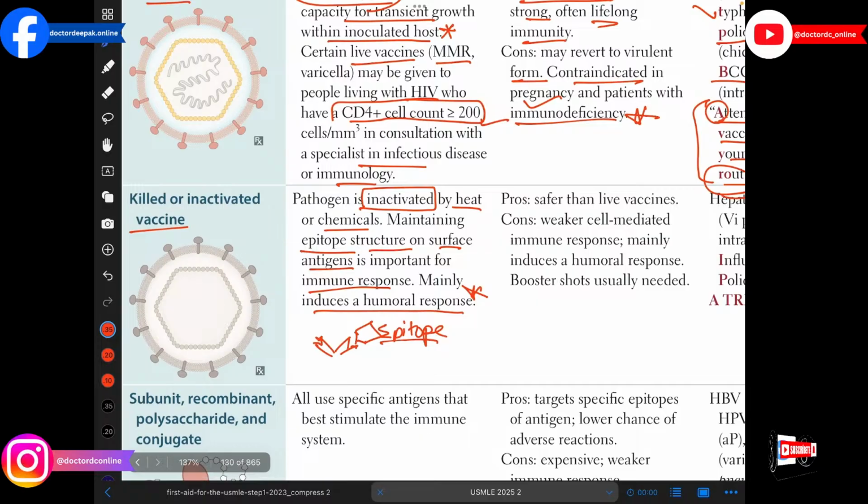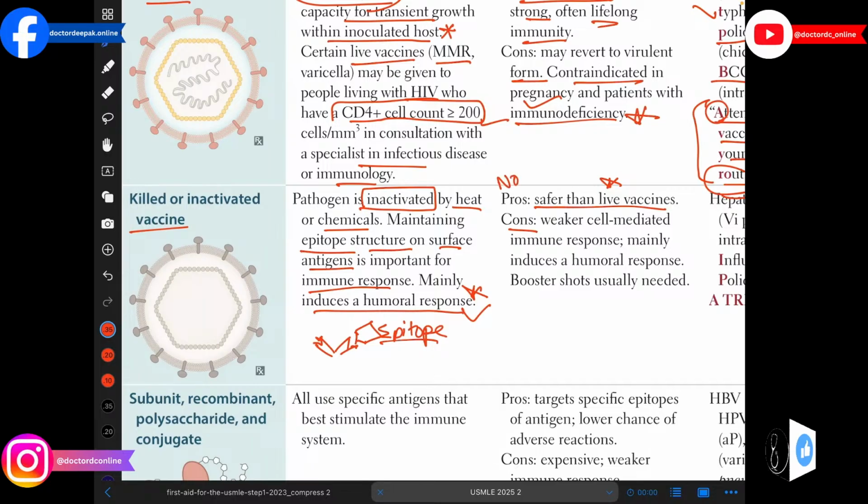What are the pros and the contraindications? The benefit is that it is safer than live vaccines, with fewer side effects, and it gives a strong humoral immunity, though a weaker immune response than live attenuated, and no risk of infection.